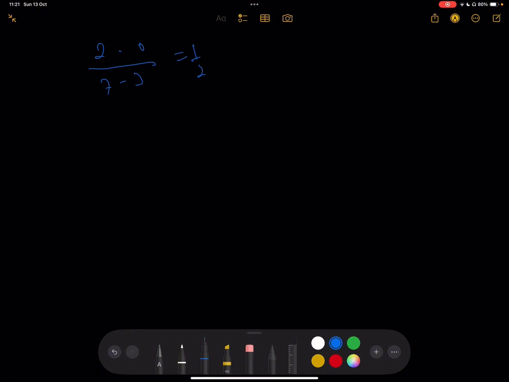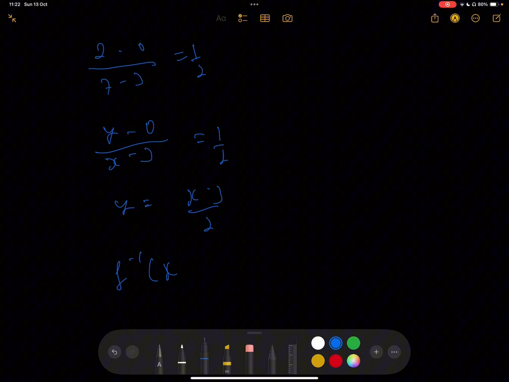So we can get an expression where instead of 2 and 7, we substitute y minus 0 and x minus 3. That's a general formula for the gradient, which is equal to a half. And therefore we get y is equal to x minus 3 over 2. And as this is for the inverse function, we can say that the inverse function of f is equal to x minus 3 over 2.